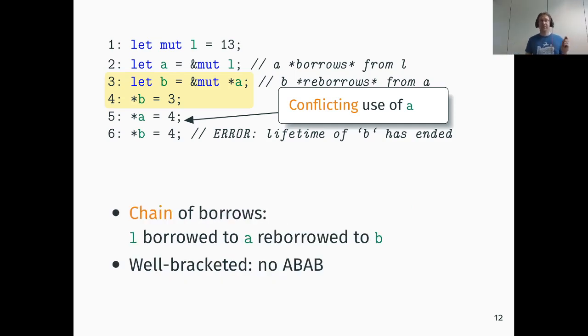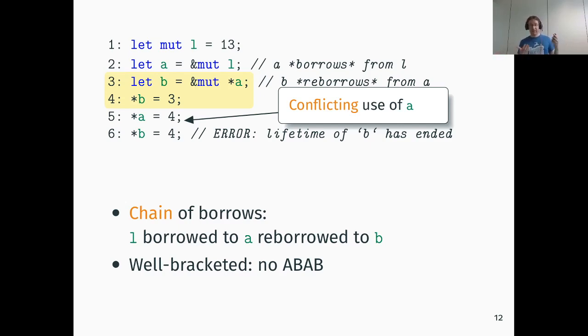From this simple example, we can learn two general principles that apply to how Rust does borrow checking. Number one, borrows form a chain, right? We have L at the root as the base owner of this memory, and then we have A borrowing from L and B borrowing from A, and we could nest this arbitrarily. And secondly, the use of the elements of this chain has to be well bracketed.